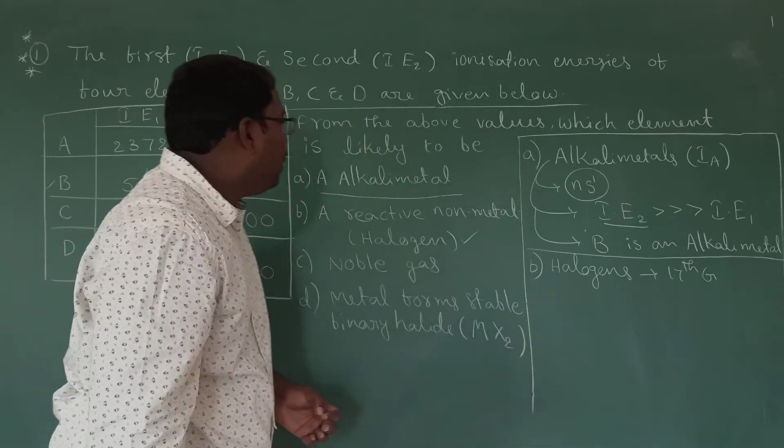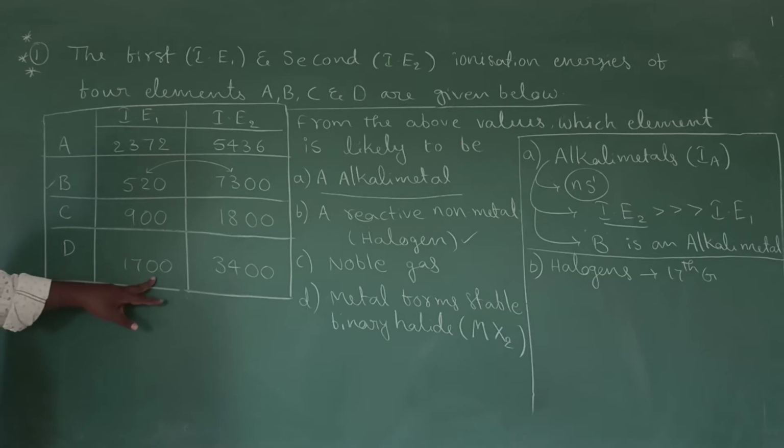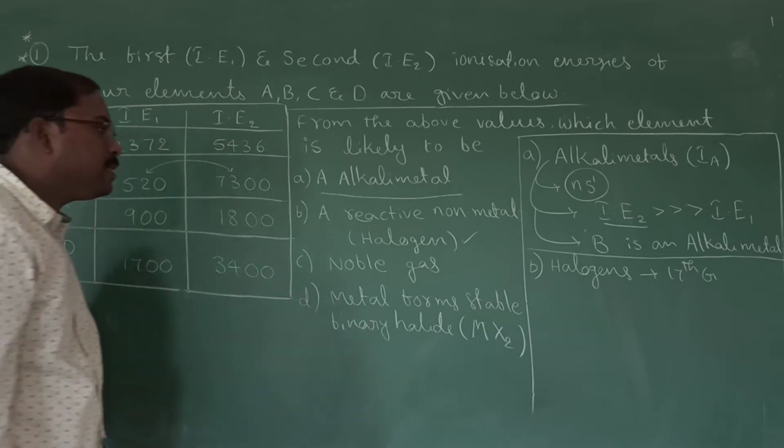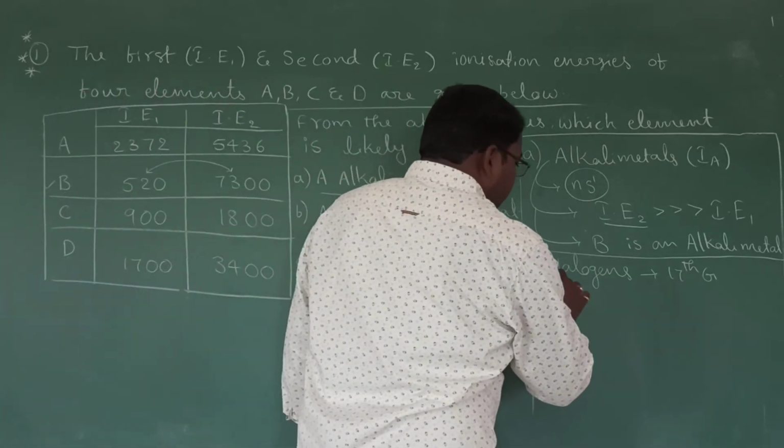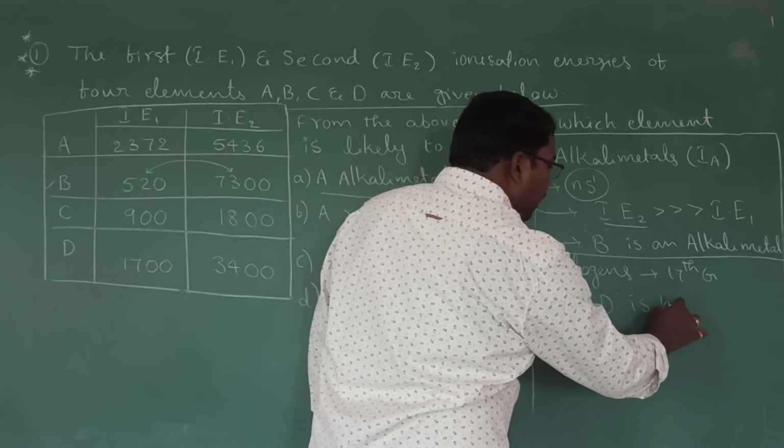Now observe the ionization energy values of these 4 elements. The first ionization energy is highest for element A. The next highest value is for element D. So it means D is a halogen.